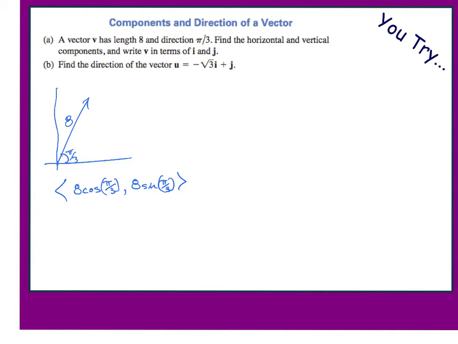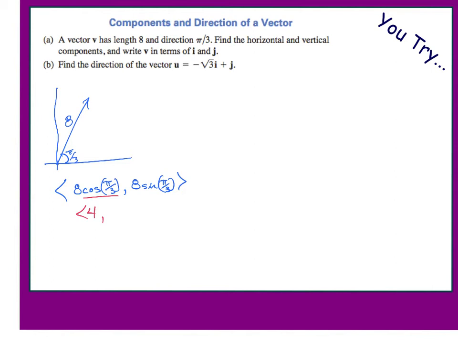All right. And so you can use your calculator on this, but it has to be in what mode? Radians. Well, we don't need it to be put in radian mode. We're pretty smart. And so what do I get? Cosine of pi over 3 is 1/2. So 8 times 1/2 is 4. And then sine of pi over 3 is square root of 3 over 2.